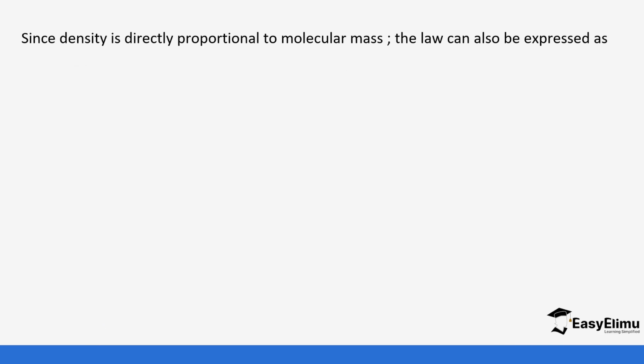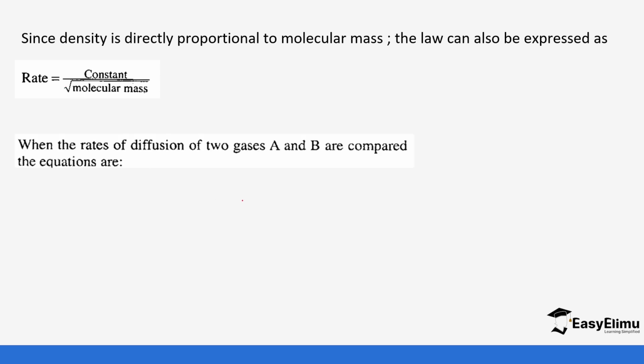Once again, remember that density is directly proportional to molecular mass, as we said before. If there is a higher density, it means there is a higher molecular mass. So we can say that the rate of diffusion is inversely proportional to the square root of the molecular mass. If you were to compare the rates of A and B, we do the same.